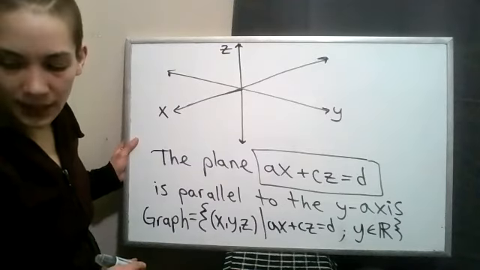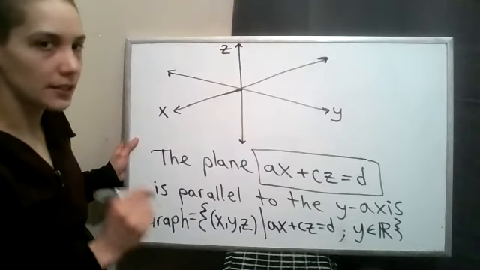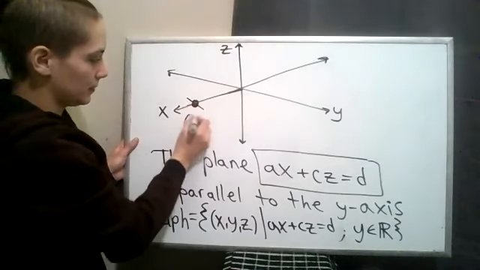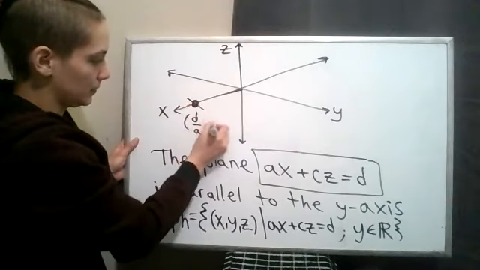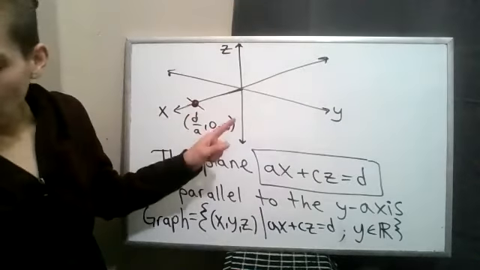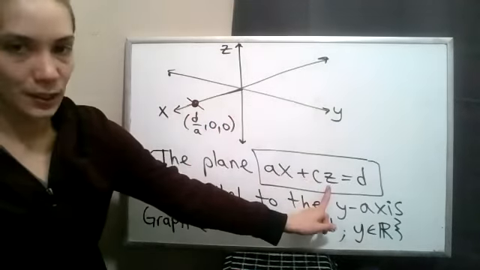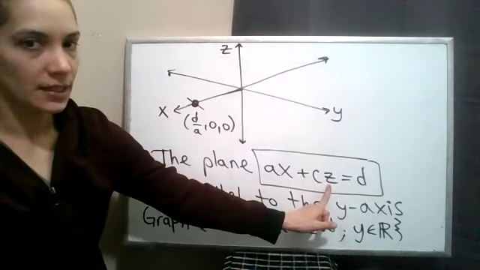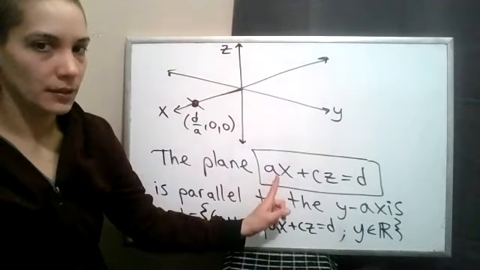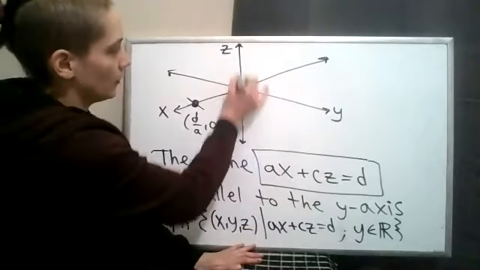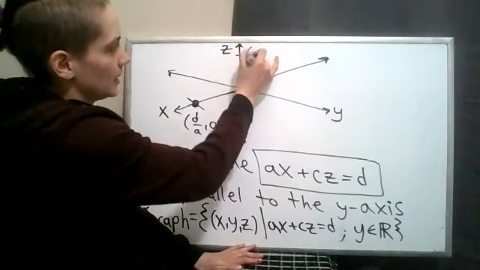The x-intercept is (d/a, 0, 0). The z-intercept would be d/c for z, and x and y are 0. So (0, 0, d/c), which is on the z-axis.